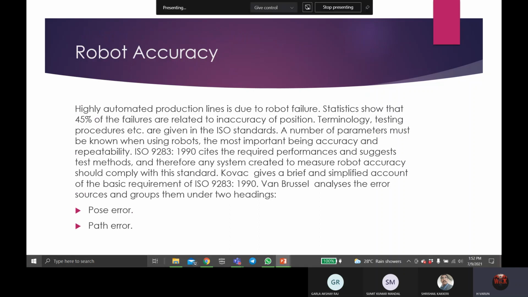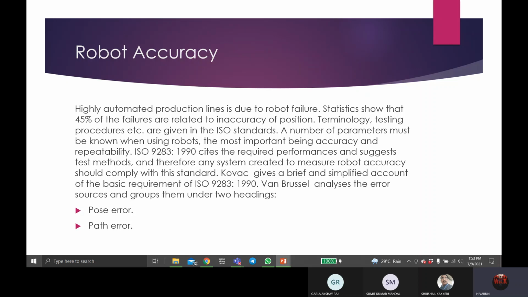And robot accuracy, in which we can say high automated production lines suffer due to robot failure. Statistics show that 45% of failures are related to inaccuracy. Some robots are purposely created with this camera for this vision only, but some people prepare a robot for some other purpose and want it to do this purpose, which will reduce the accuracy of that robot, and it cannot do that work and this work also.